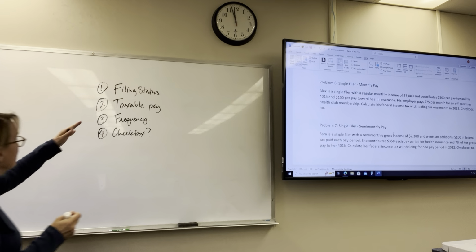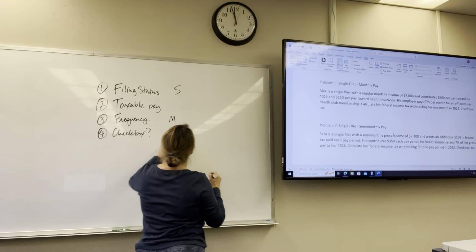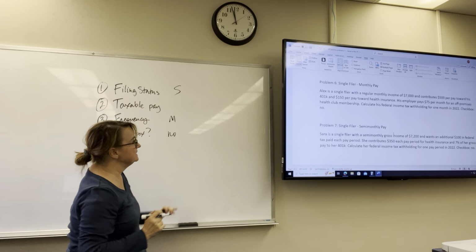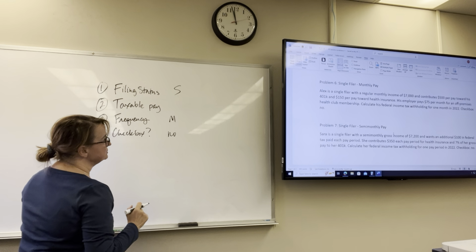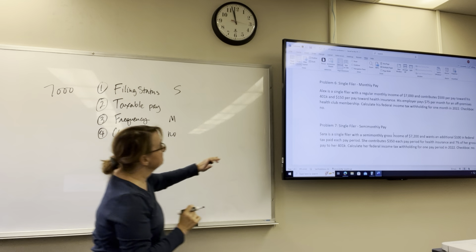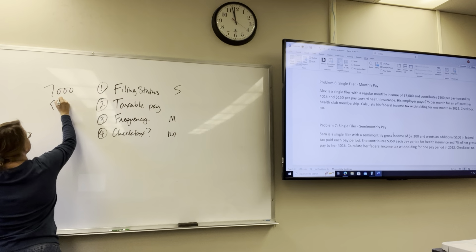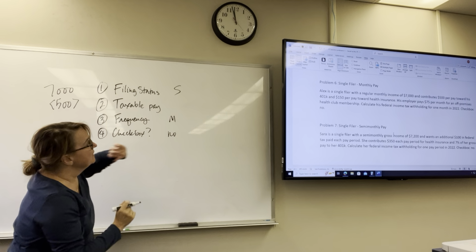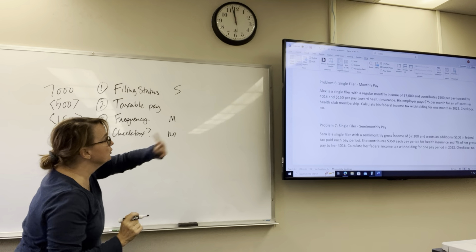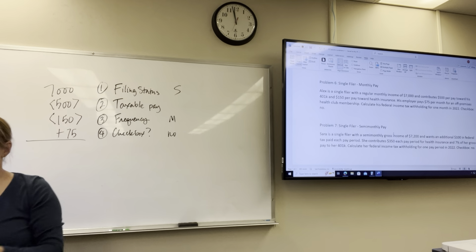All right, so we've got, he's single, monthly, checkbox, no, but we've got to calculate what this taxable pay is. So we're going to start with 7,000, $500 per pay toward the 401k, $150 for health insurance, and then we're going to add $75 for the gym membership to get our taxable pay.